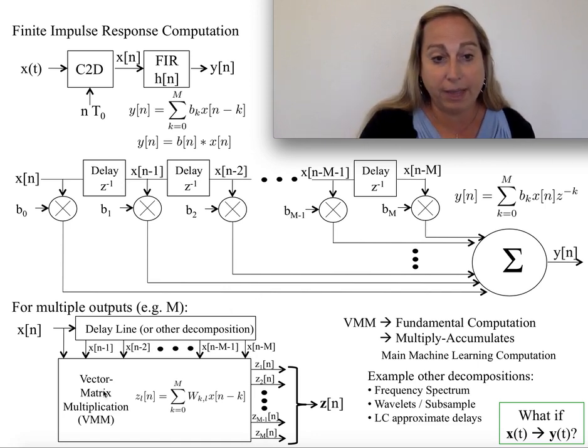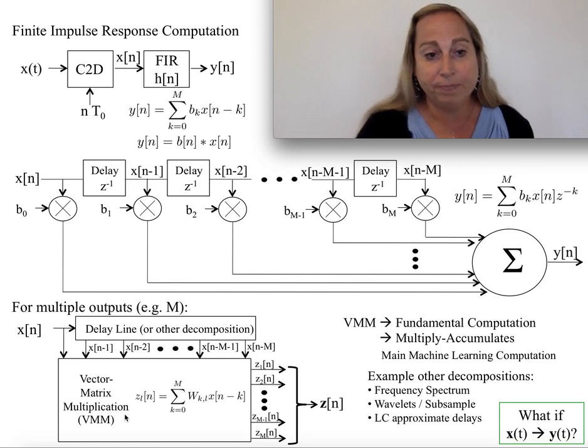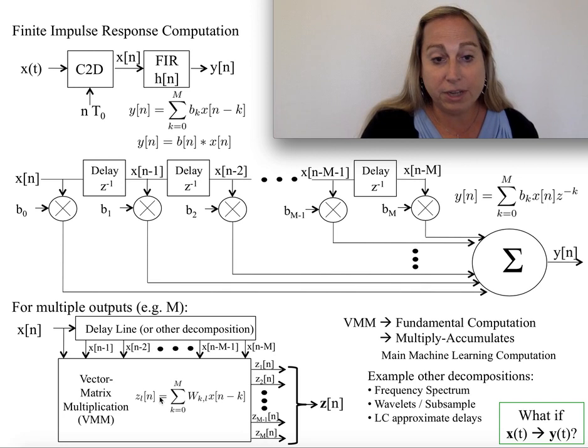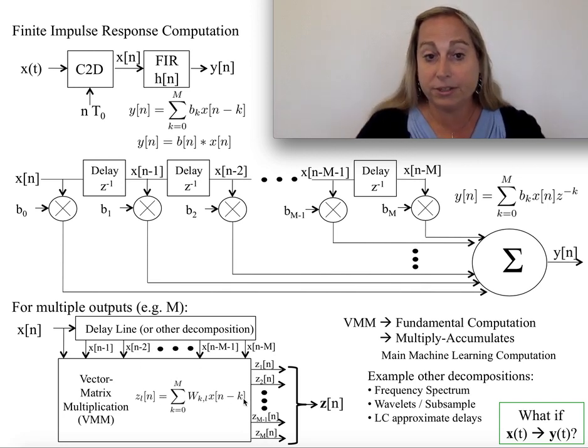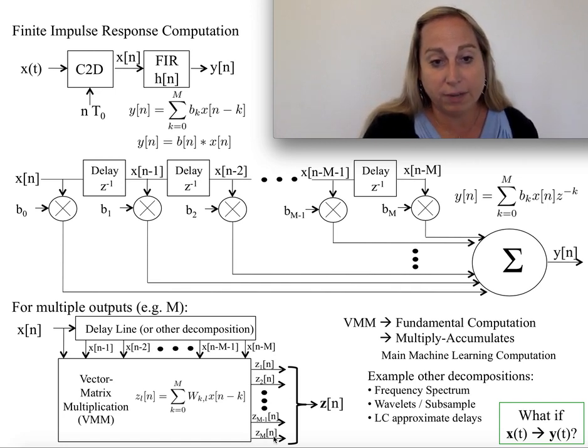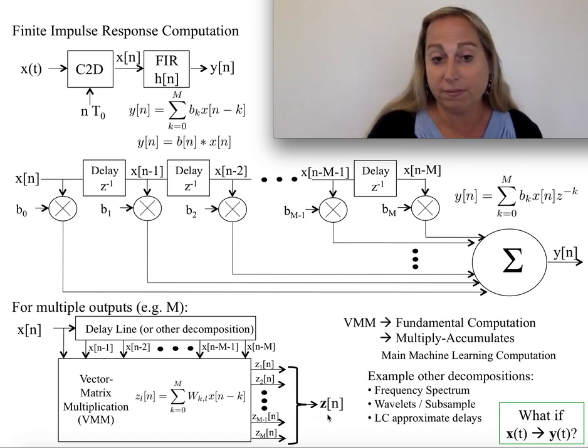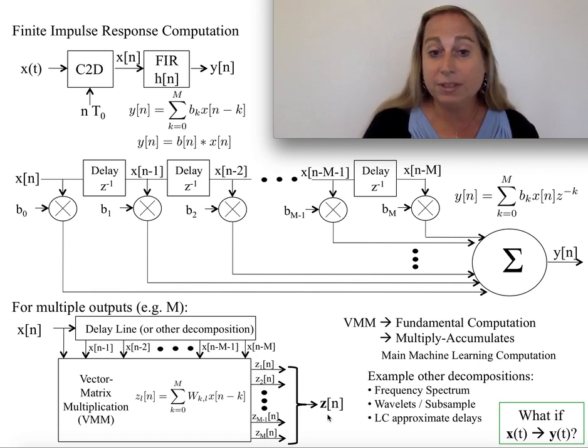So that would be a vector matrix multiplication, where I have a whole delay line where I take the input and all of its delays, and put those into a straightforward computation, which is going to take all of those delayed inputs, which is really that input vector, times a whole bunch of weights to create a whole vector of outputs. And again, if I'm going to call it a vector, I will use vector notation, which is why it's a bold letter on there.